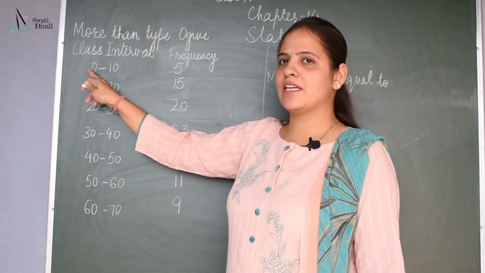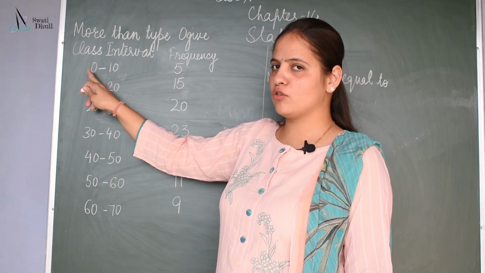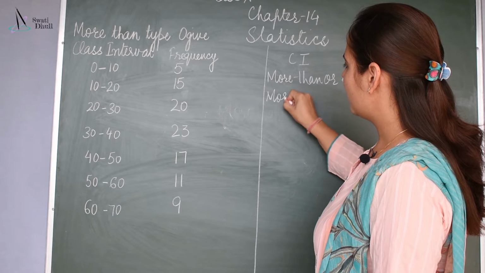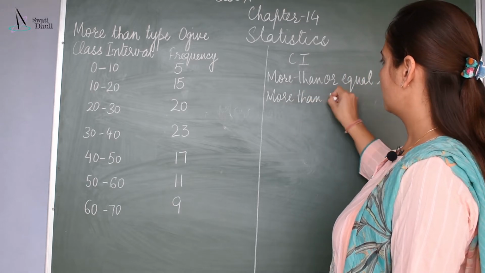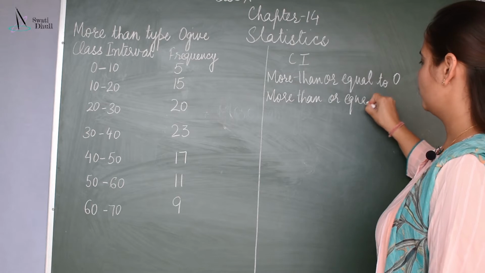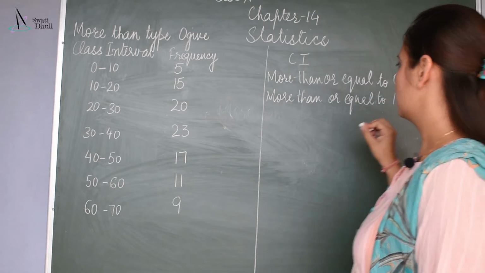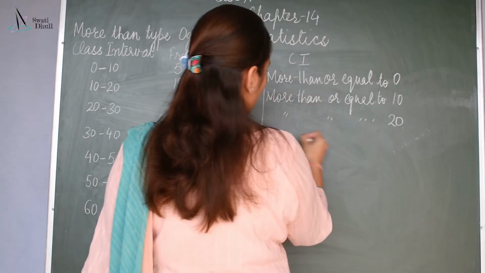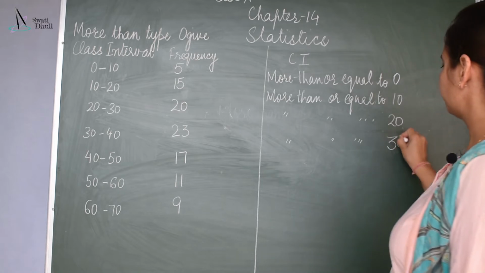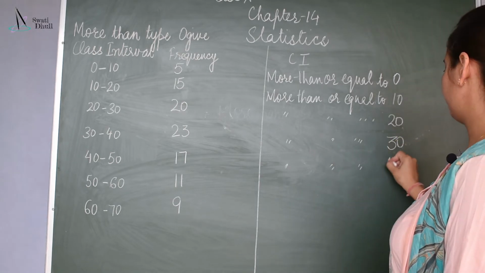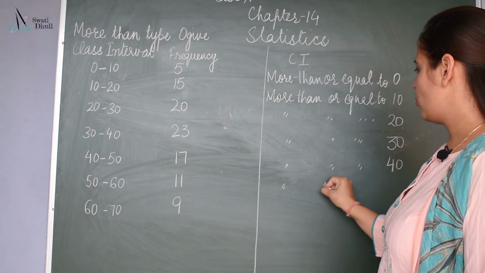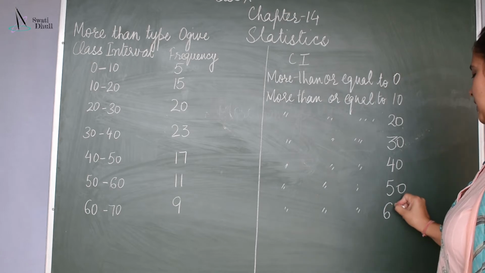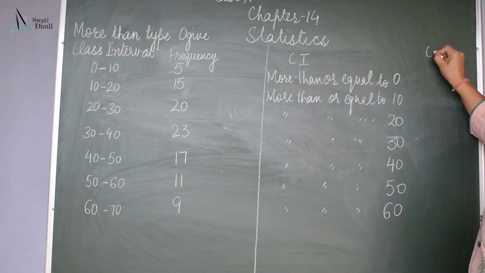Your first class interval is 0 to 10, so lower limit is 0, so more than or equal to 0, then more than or equal to 10, more than or equal to 20, more than or equal to 30, then more than or equal to 40, more than or equal to 50, and then more than or equal to 60. Now how will we find out the CF for it?